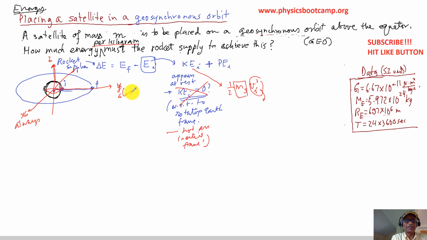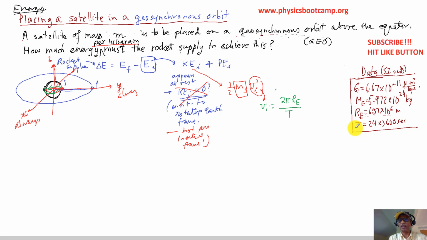So in that frame, what you see is your satellite is going in a circle with Earth, just like the surface of the Earth. So V_I should be 2 pi times the radius of the Earth, just one circumference, and it went in 1 day.